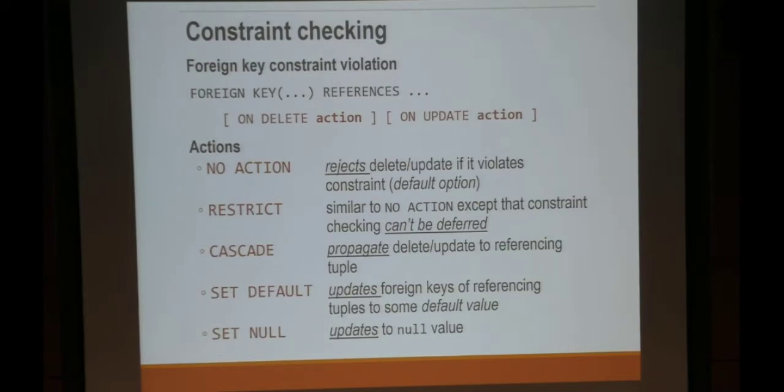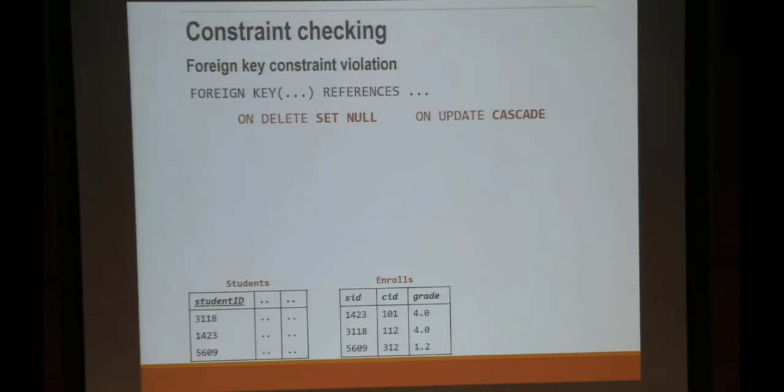So let's have a quick example. Again, let's say we don't specify this as a primary key, so that's why this one is not underlined. If you try to delete 3118, we allow this deletion to proceed. So I try to delete this.